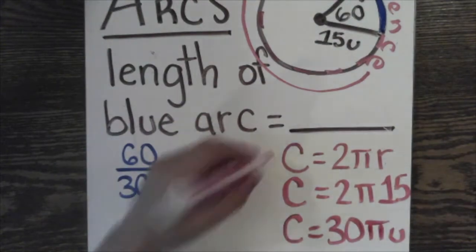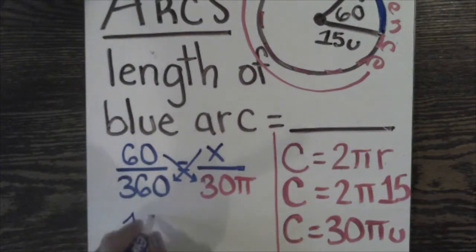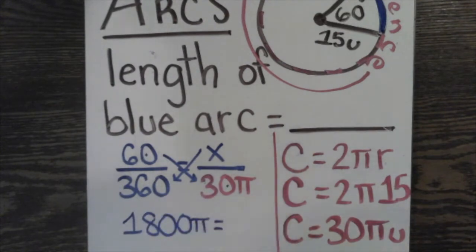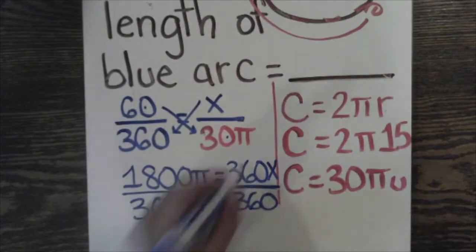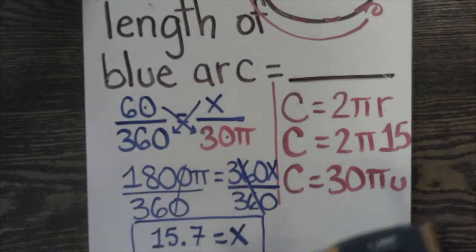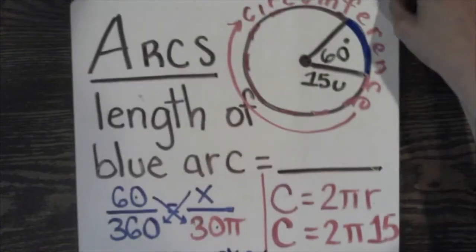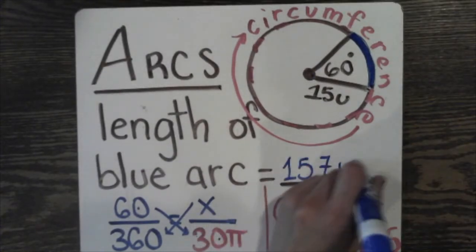And now I can say, well, 60 times 30 is 1,800 pi, and that is equal to 360x. I divide by 360 on both sides to isolate my variable, and when I put this into my calculator, I get 1,800 pi divided by 360, or 180 pi divided by 36, which is 15.7 units.